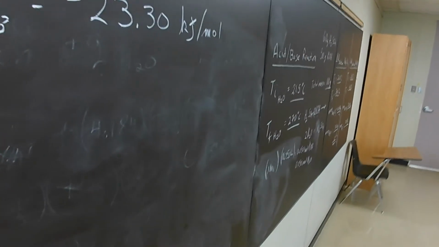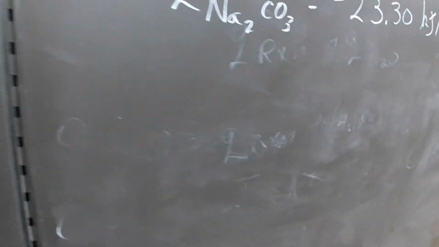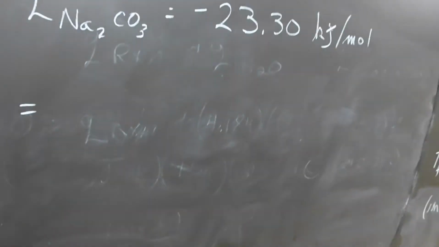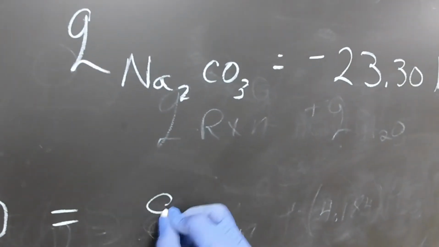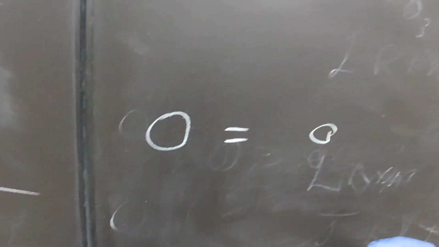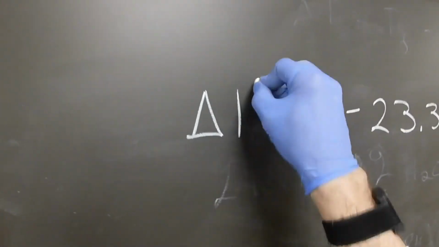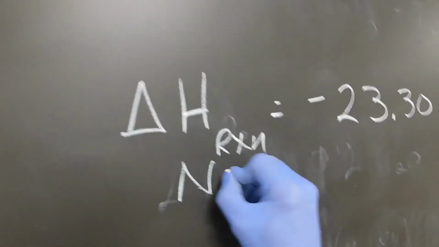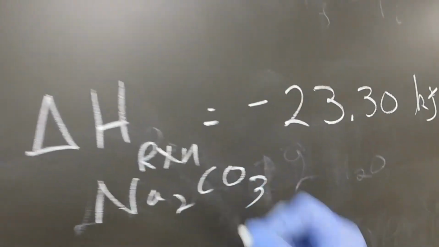All right, so we're going to assume that we have an isolated system in that bag, and that means everything that happens has to add up to 0. So we're going to have a Q for the reaction, which uses the delta H of reaction for sodium carbonate.